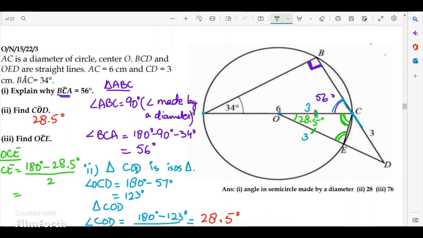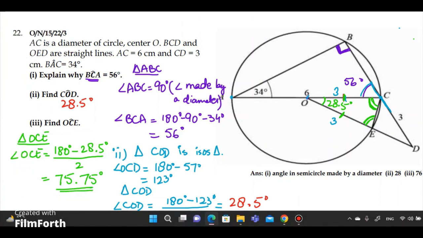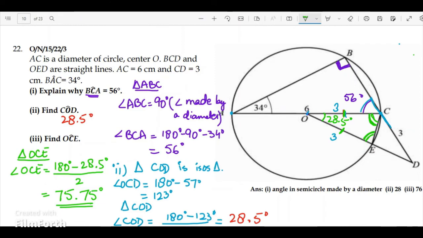So if I calculate the answer, I get 75.75 degrees. And this you can round to 75.8 degrees or 76 degrees, whatever. So this is your answer right here.